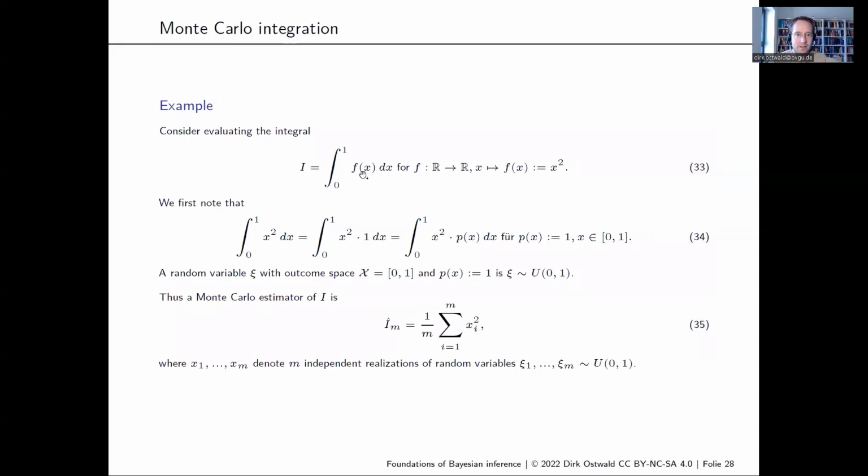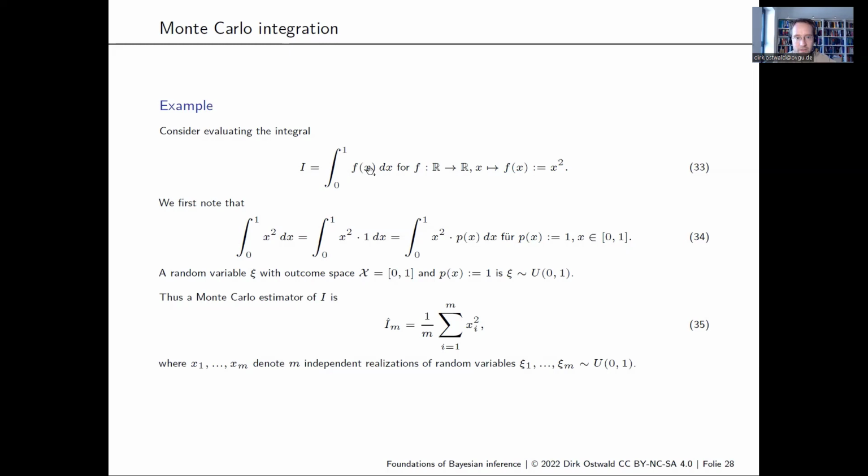So we consider this problem of integration. We want to compute the integral of a function f from 0 to 1. So it's a definite integral that we want to compute here. That would be, for example, if we have a posterior density, and we want to compute the probability for the parameter to lie between two values. Here, we're actually not doing that with a density, but with a different function, namely the function x squared.